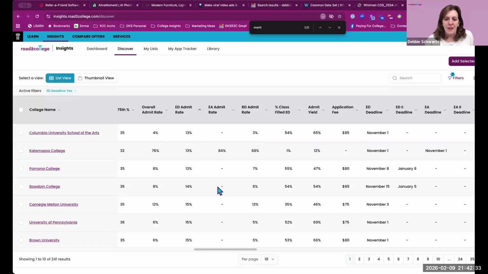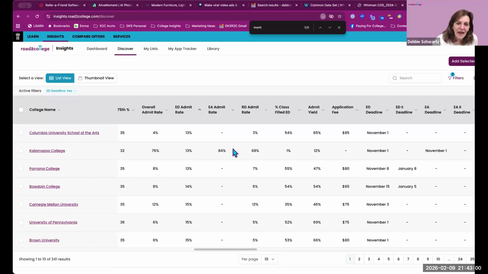So if your student wants to apply early decision, I highly recommend that you look at these stats just to understand how the colleges operate and how they're using early decision. Some schools offer it. Kalamazoo, obviously not as selective as Columbia, but they aren't using it the same way.